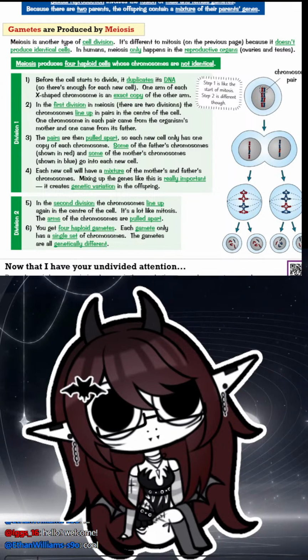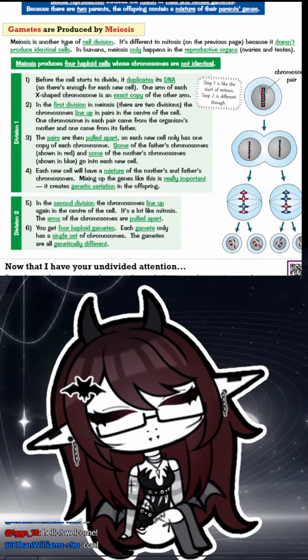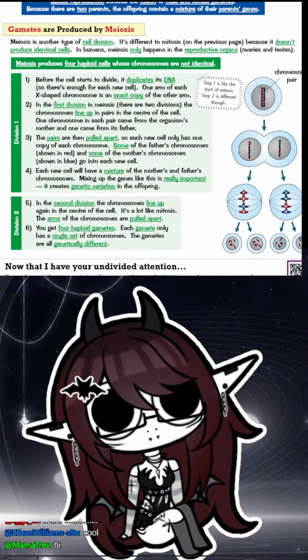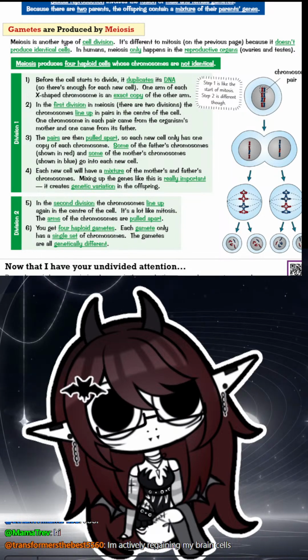Now, in the first division in meiosis, there are two divisions this time. The chromosomes line up in pairs in the center of the cell. One chromosome in each pair came from the organism's mother, and one came from its father. The pairs are then pulled apart, so each new cell only has one copy of each chromosome.